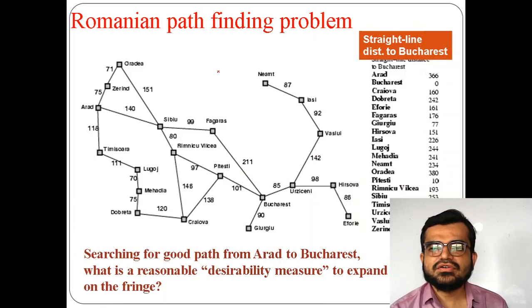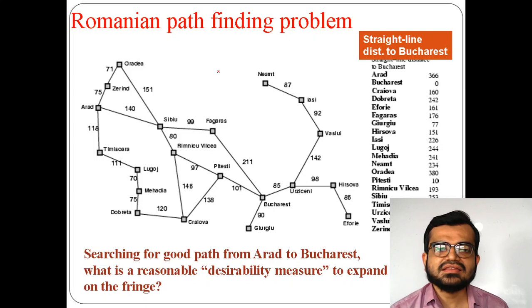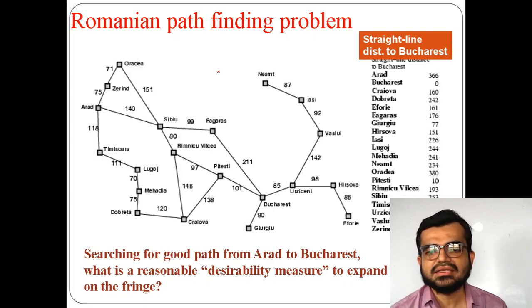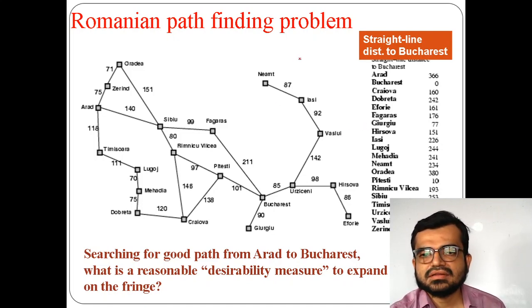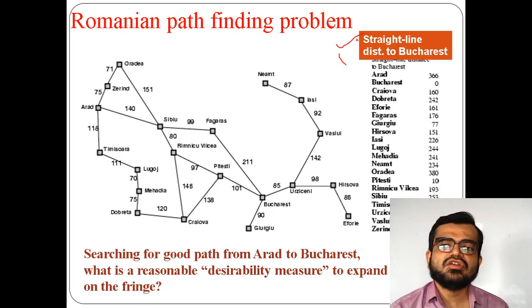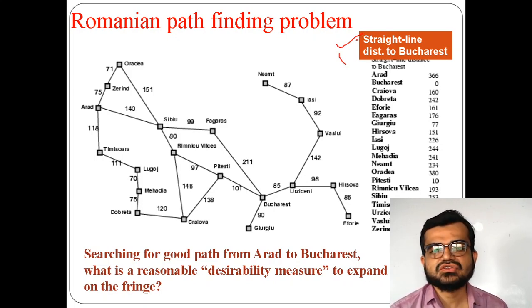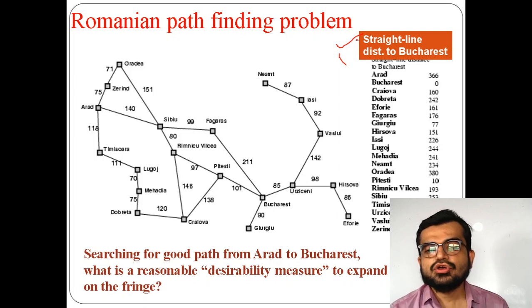So now for example, in this path there are some distances which have been given already here. Now if you see this one, this is your aerial distance, the straight line distance to Bucharest. Okay, so here the straight line distance has been given.